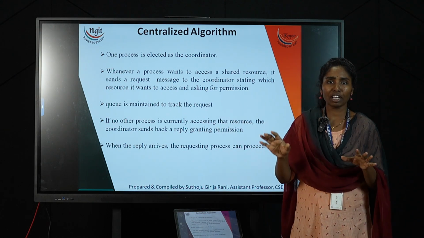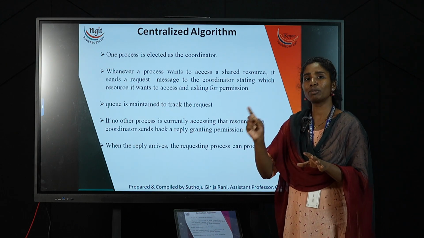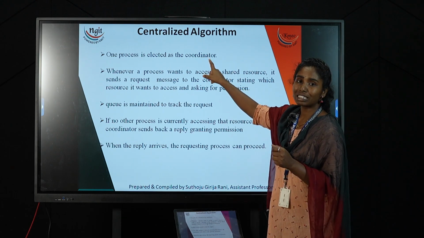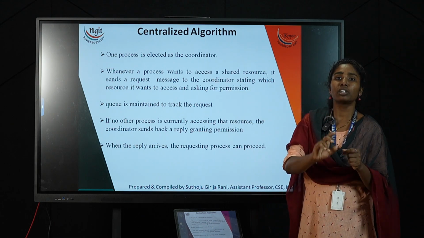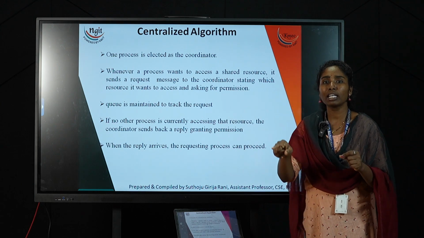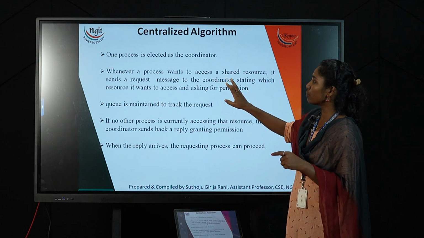If I have 10 processes, all the 9 processes will select one process as a coordinator. Whoever is selected as the coordinator is responsible for giving access to that particular resource to all the remaining 9 processes. That is what the centralized algorithm is.